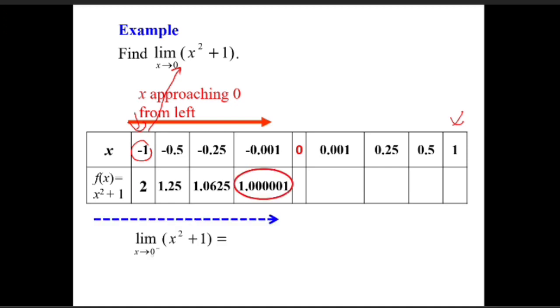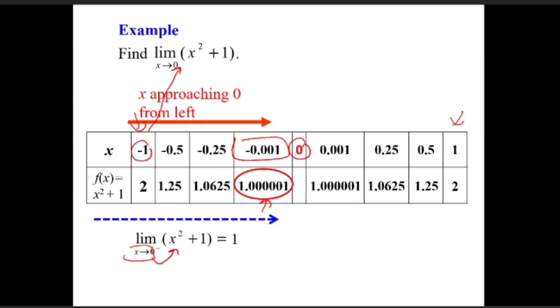The value of the limit as x approaches 0 from the left side, as you can see here, is 1.00001. But this value is at -0.001. We want it to approach 0 from the left. So the value it is approaching is 1, because when you substitute 0 inside here, 0 squared plus 1 is just 1.